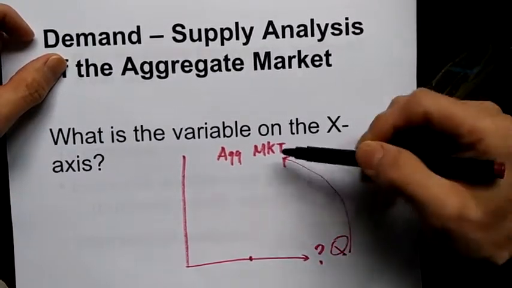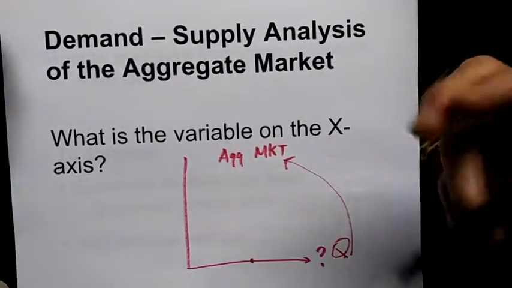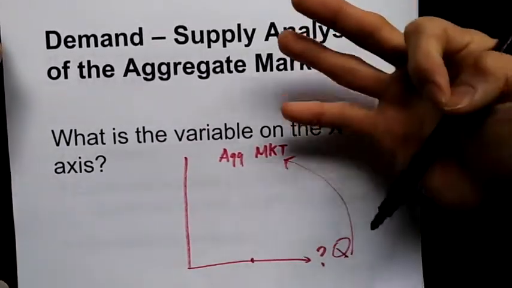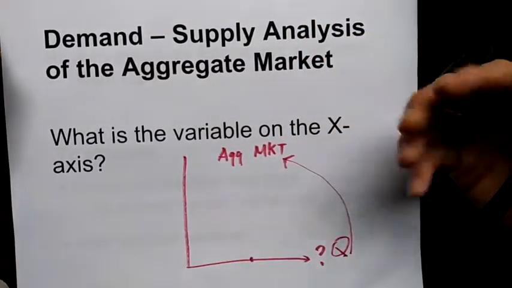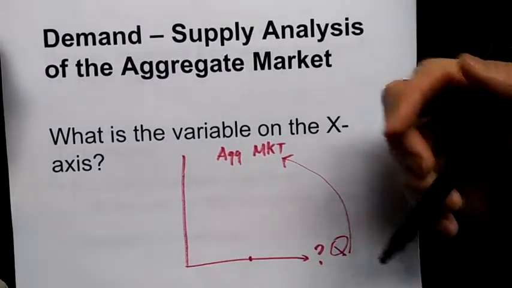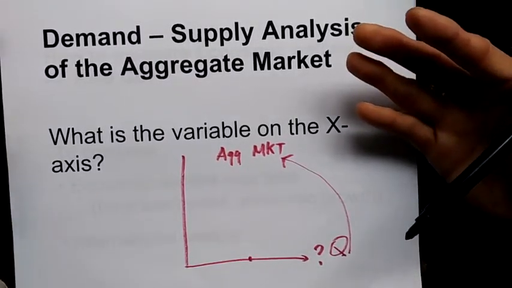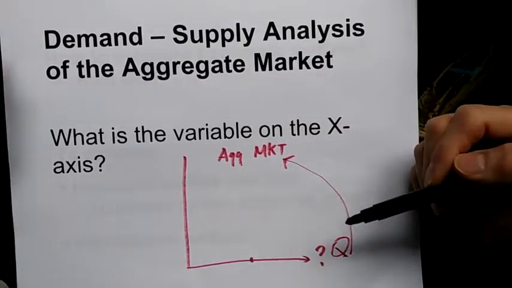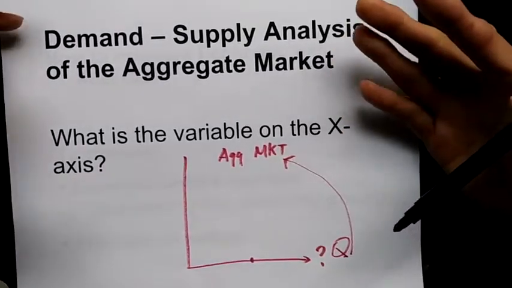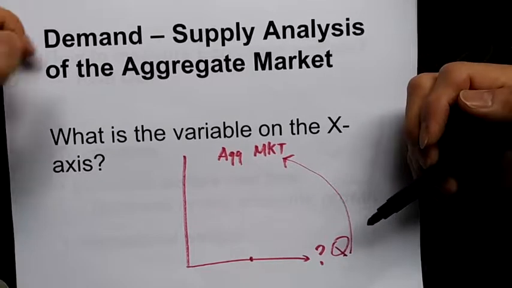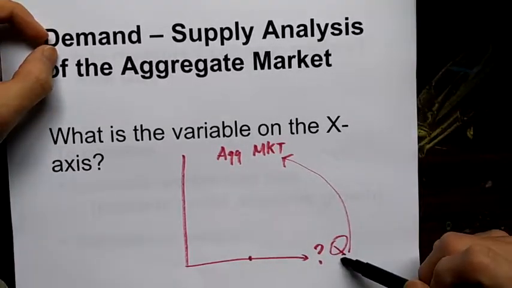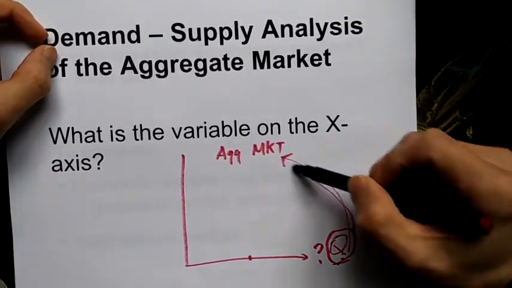What is the quantity of this aggregate market? 2 apples, 3 haircuts, 5 books. Can I say 10? No. 10 what? But we want to come up with a number. But we have so many goods in the economy. Therefore, there is no the quantity of the aggregate market.